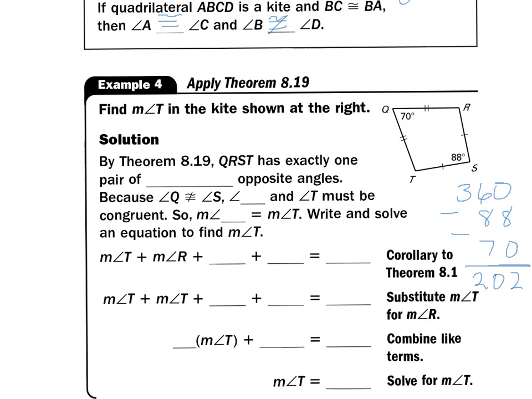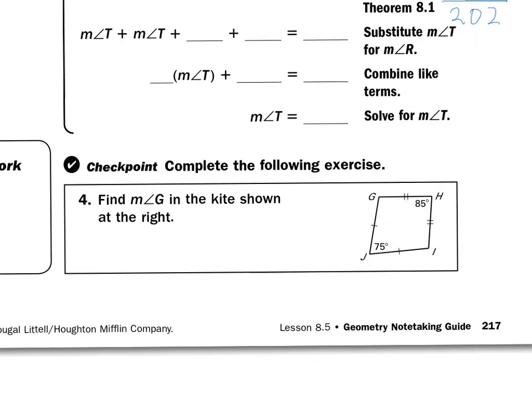If I divide that 202 in half, then I get 101 for both of these. Okay, and again, you can check this by making sure they all add up to 360. Okay, go ahead and do this last checkpoint, and you are done.